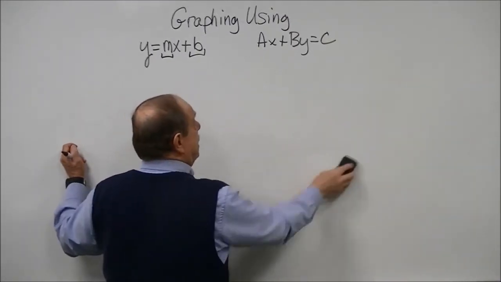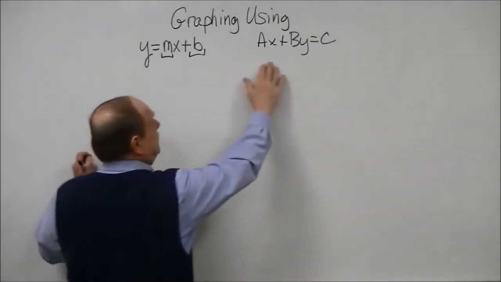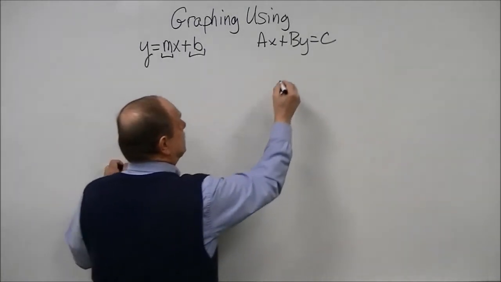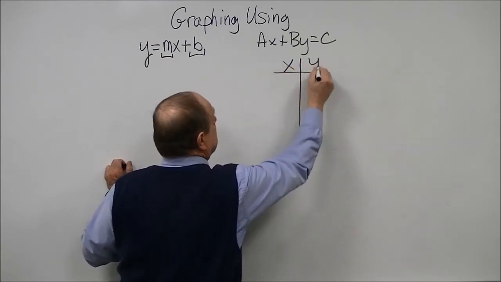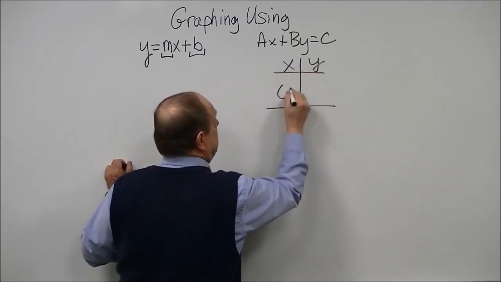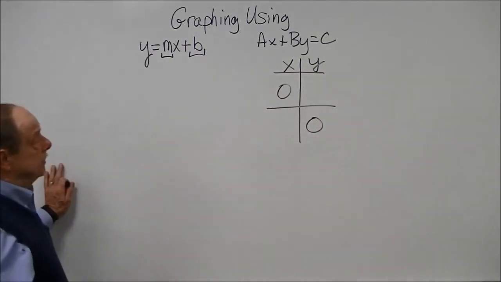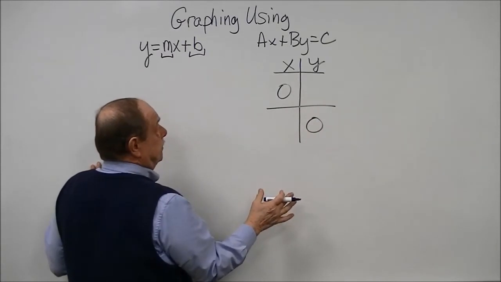Now, when we are using standard form, what I'm suggesting is that you make a special t-chart, which I'm calling the X and Y intercept t-chart. And that's what this is.